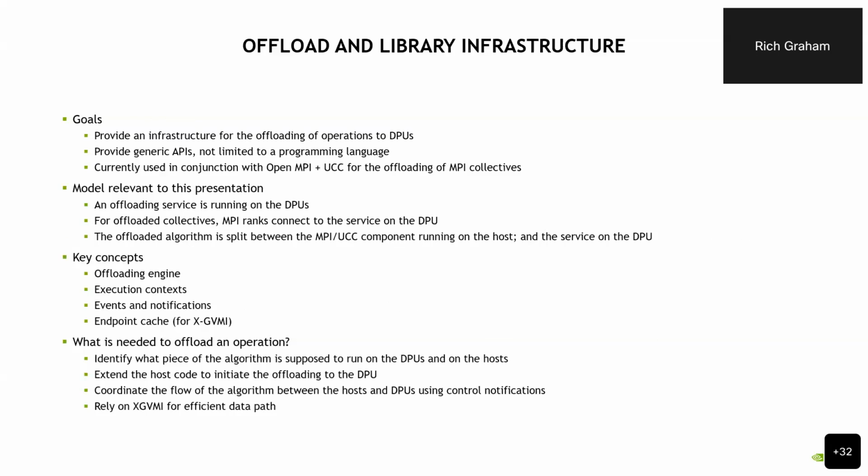They can use it to get a foothold on the DPU, get things set up, and communication set up, bootstrap, so that the particular implementation can do what it wants at the algorithmic level. It can instantiate all the resources needed. So there's a generic API that lets you do that. And today we use it in the context of Open MPI and UCC.